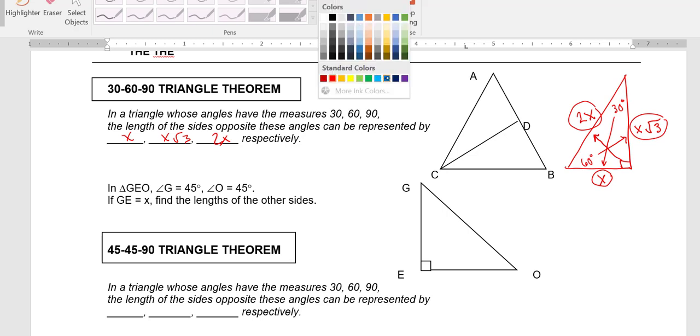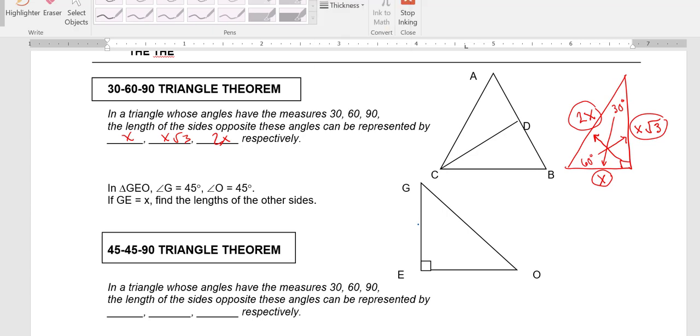For a 45, 45, 90 triangle, that means it's an isosceles right triangle. Both of these sides will be called x. Obviously, they're going to be the same. I could basically do x squared plus x squared equals y squared and solve for y, but this side is going to be x times the square root of 2, always.